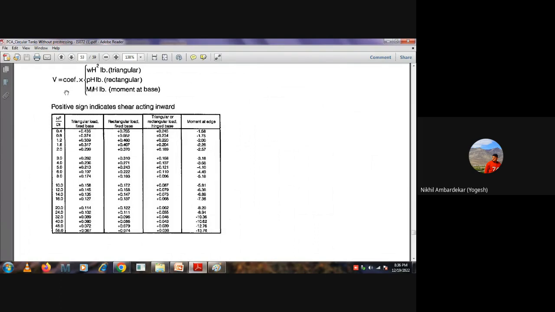Shear force formula is in front of you: coefficient 0.174 into WH square, W means 10, H means 4.1 square. How much is the shear force due to the water pressure?